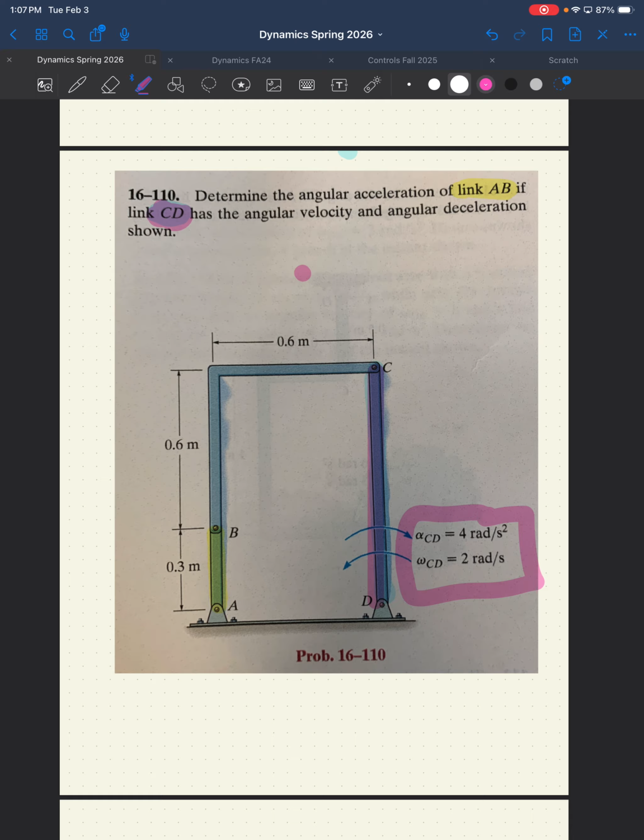Let's also notice some other things. Am I able to write down anything special about the velocity of, let's say, maybe point D? If I wanted to write down the velocity of D, what would that be? Samuel says 0. It certainly can't move left and right because it's pinned right where it's at, and it certainly can't move up and down because it's pinned right where it's at. Very good.